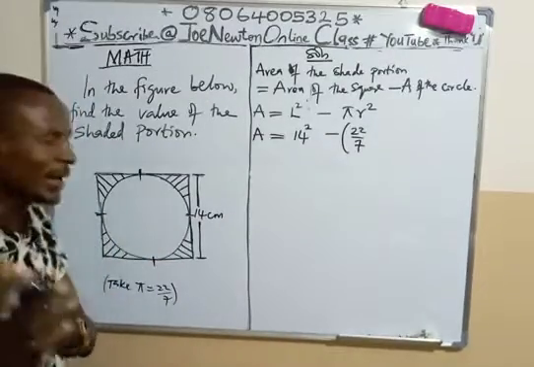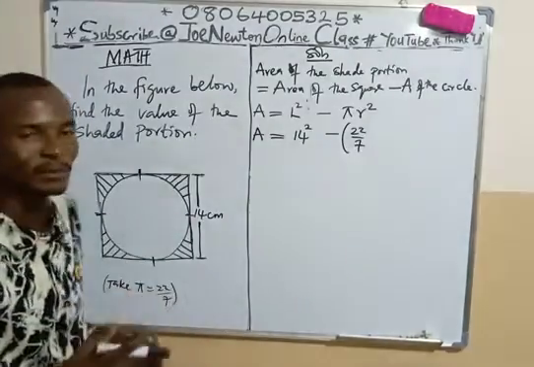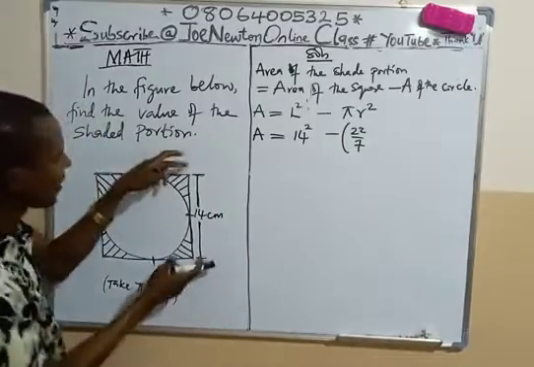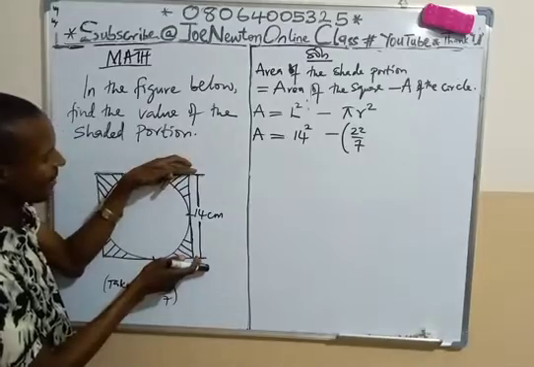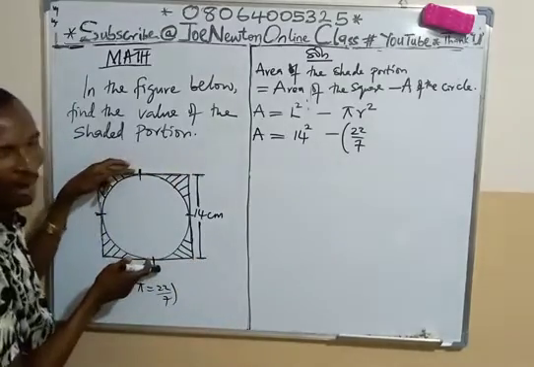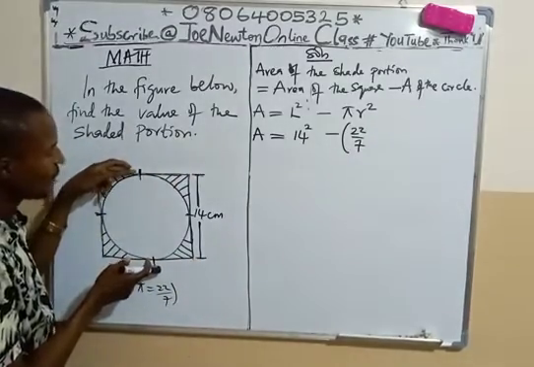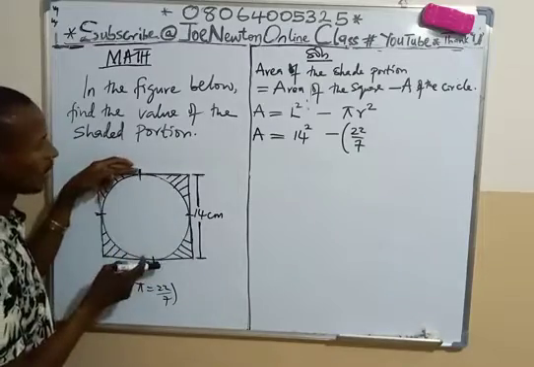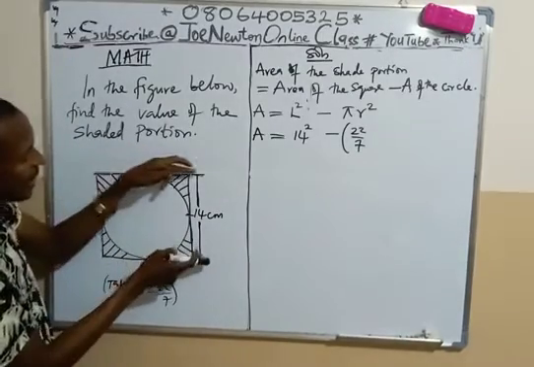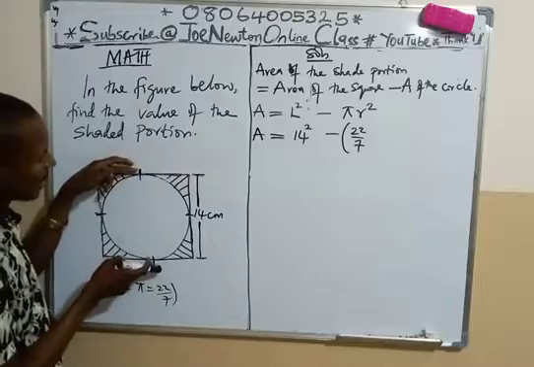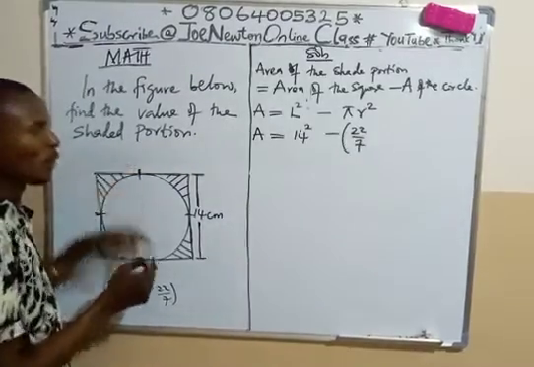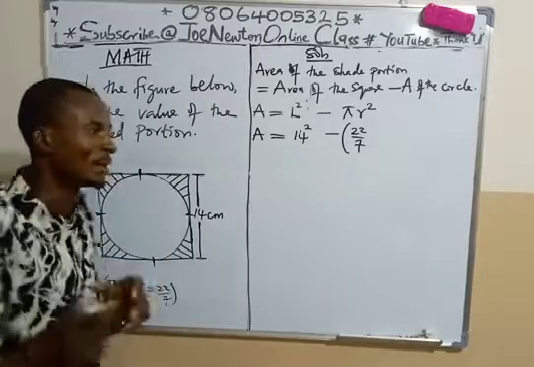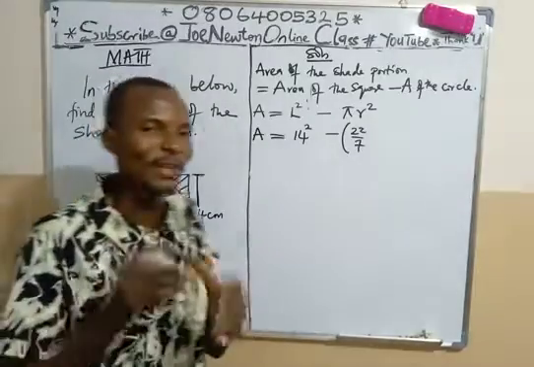I know you will be wondering, how do we get the radius of the circle? But from what we see here, this length, this dimension here, is the same thing as the diameter of the circle, because the circle is fitted perfectly into the square. So this length here is equivalent to the diameter of the circle. And of course, we know that when we have the diameter, the radius is half of the diameter.